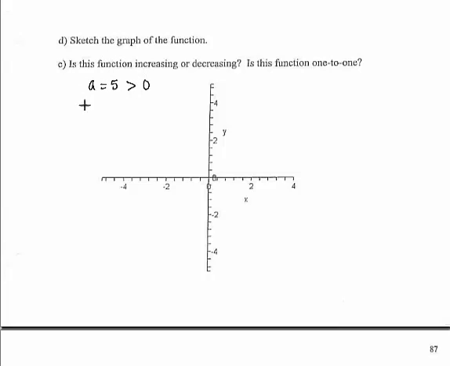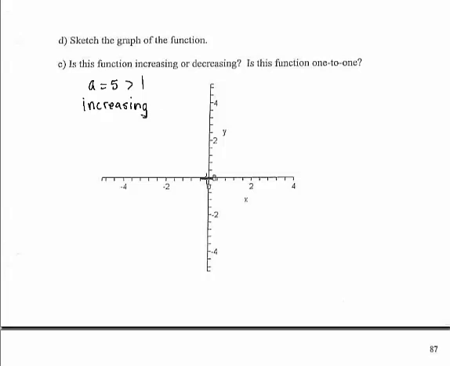So that means that our log function is going to be increasing, and we don't even need to look at our graph to know that. If the base a is greater than 1, then our function's increasing. If a had been less than 1 but greater than 0, then we would have written decreasing.